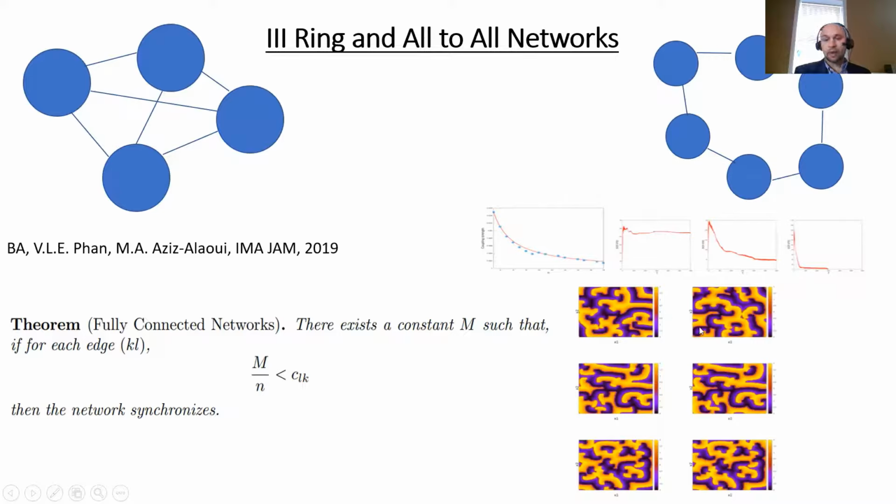All right. And so here is an example of synchronization of fully connected networks, with three equations, I guess, yeah, three nodes. So for one value of the coupling strength, we don't have synchronization here. You know, these patterns are not the same.